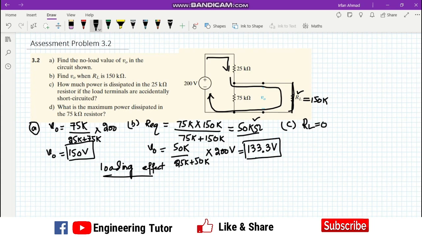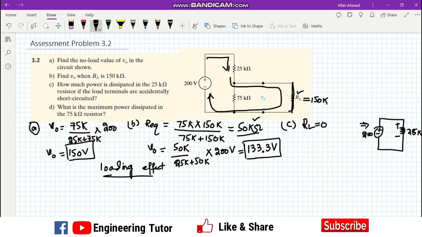So now the circuit will be composed of a single source and a single resistor. The overall voltage will be dissipated across this 25 kilo ohm.